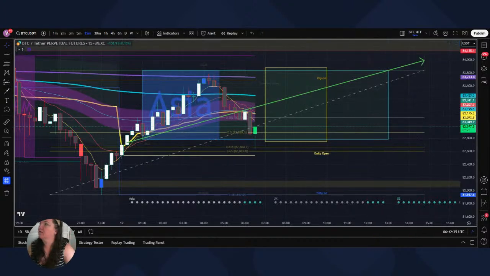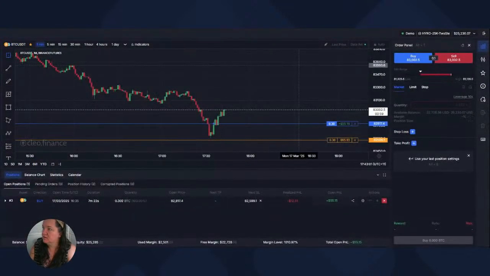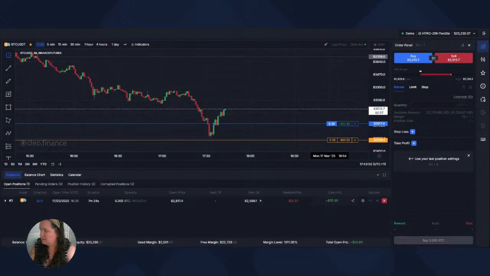Okay, let's go here. Let's have a look. So this is looking very nice. Excuse me. Okay. So a little update on our trade.